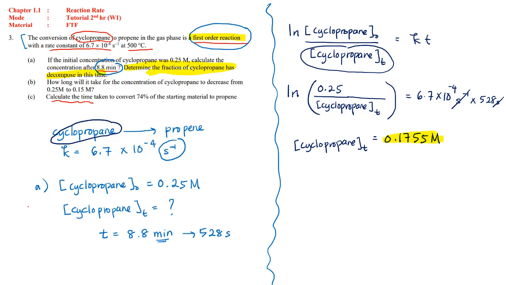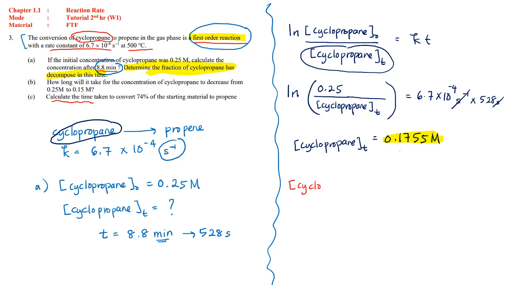Alright, jadi sekarang ni macam mana kita nak jawab? Okey, so maksudnya kita kena carilah yang telah mengalami penguraian tu dengan initial concentration. Maksudnya selepas 8.8 minit, itu yang tinggal selepas proses decomposition. Okey, so kalau kita nak kira berapakah yang telah decompose, maksudnya concentration of cyclopropane at T time bahagikan dengan initial concentration.